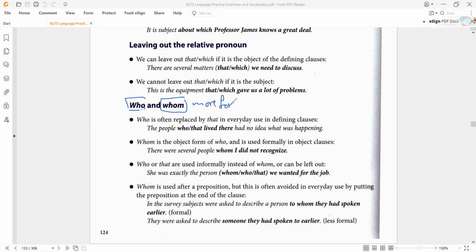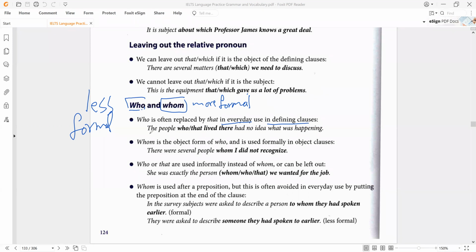This is the only difference. More formal. And this one who is less formal. Who is often replaced by that in everyday use in defining clauses. في المعرفة أو في العبارات المعرفة.